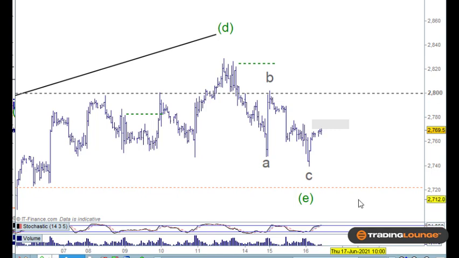So this area here is support, and if you see the market up here, then you know that it's likely to be bullish at that time. We're still wanting to buy above the level here, so I've got this sitting on the first high above the level, but we should be able to get that down further.